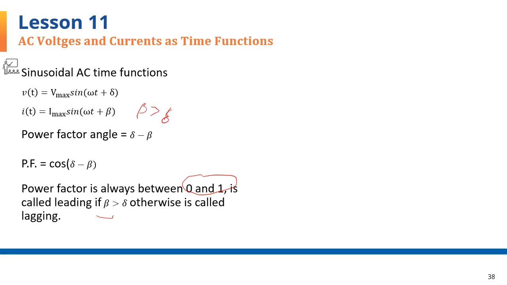It will be called lagging if beta is less than delta. Effectively, leading means that the current leads the voltage in its phase angle, and lagging means that the current lags the voltage in its phase angle.